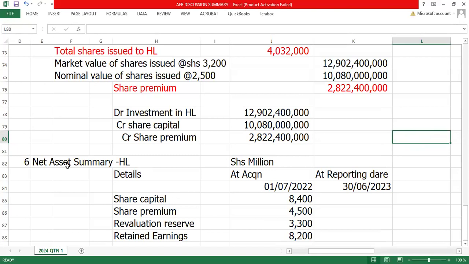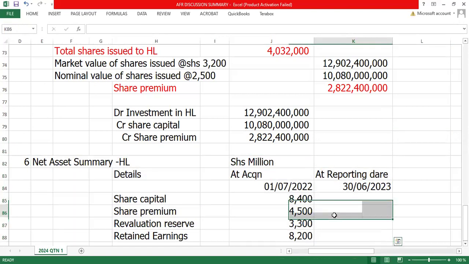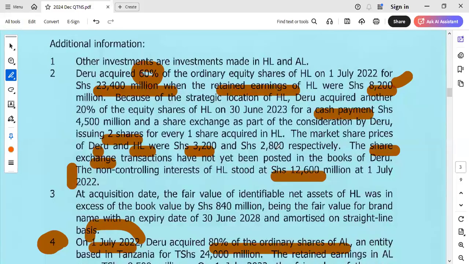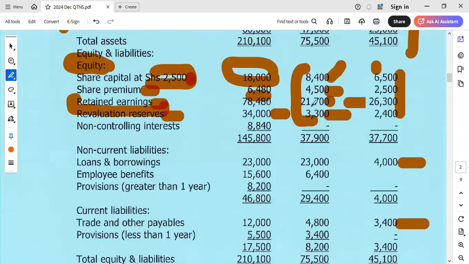But as you do these ones, don't start confusing yourself with those things. Then revaluation reserve is this. Then retained earning at reporting date is 21,700.